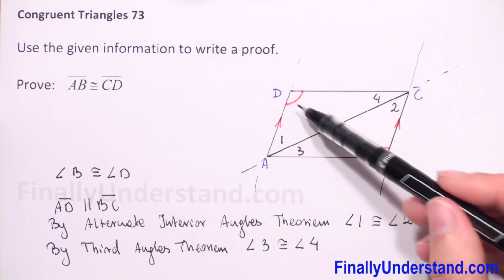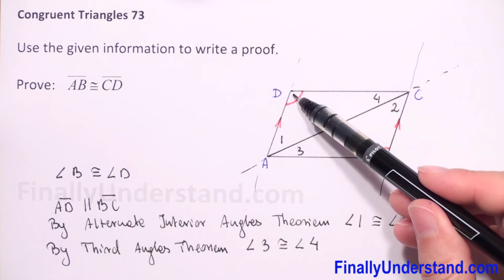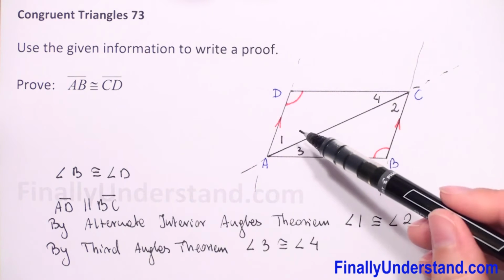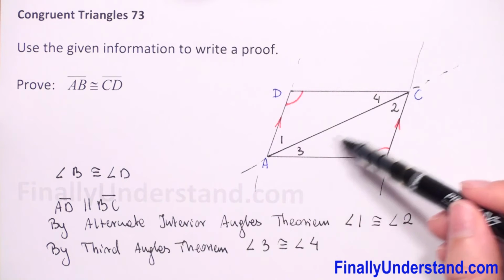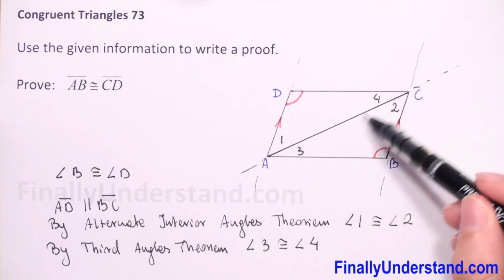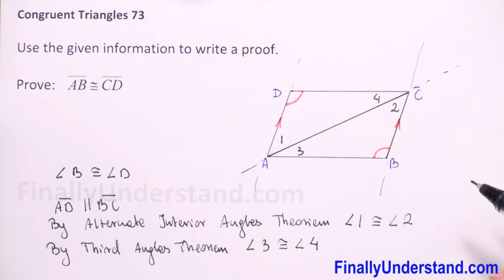Why? Because if angles D and B are congruent, and 1 and 2 are congruent, then angle 3 and 4 must be congruent. So now, let me use colors.